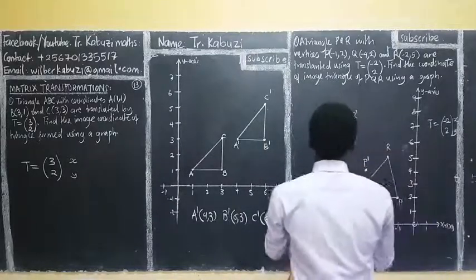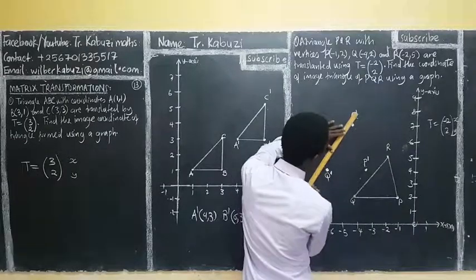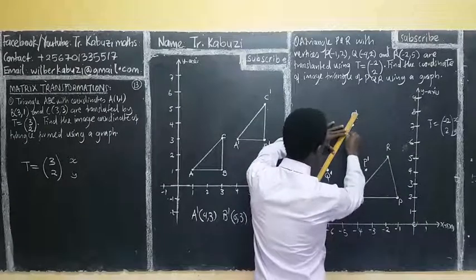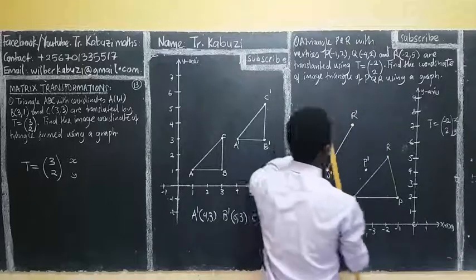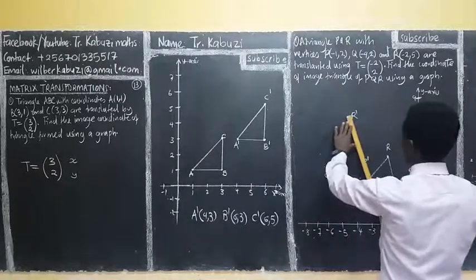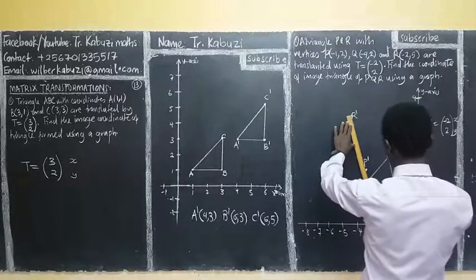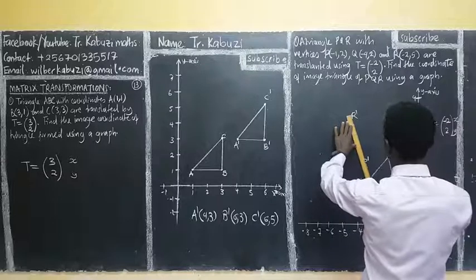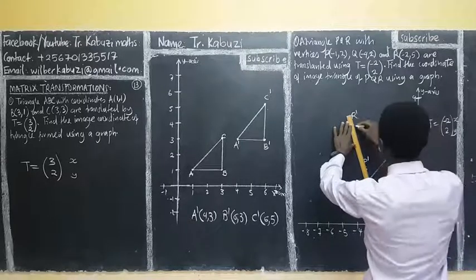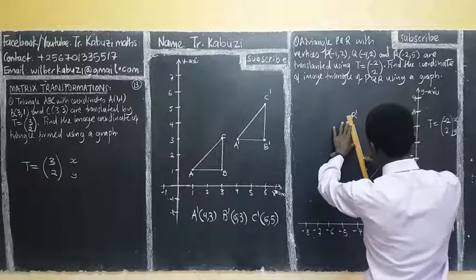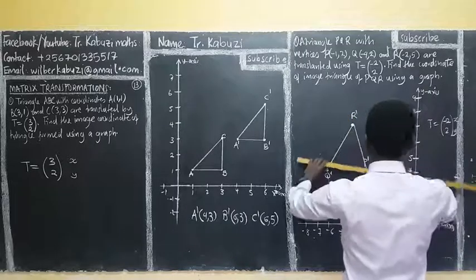After that now, you join. You join like this. Then like this. Then you also join this one here.